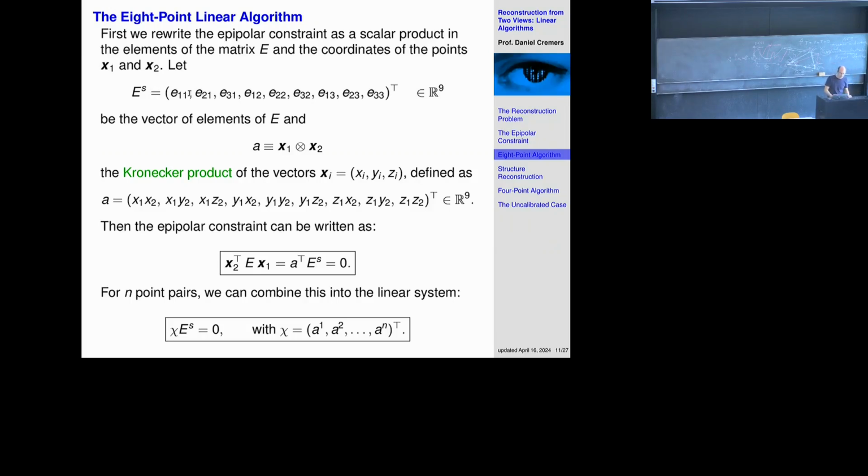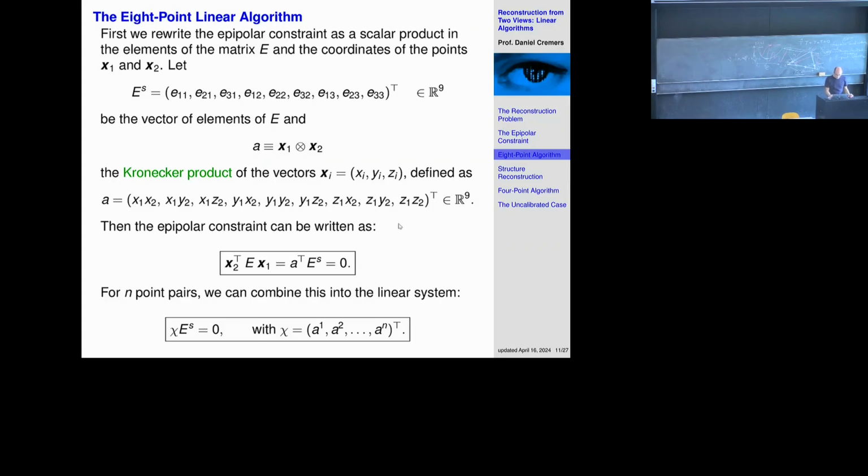So E stack is basically the 3 columns of the matrix E stacked into a 9D vector. And then we use this Kronecker product of x1 and x2. x1 cross x2 is something that we call A, is also a 9D vector. So x1 and x2 are 2 3D vectors. This is a 9D vector, this Kronecker product.